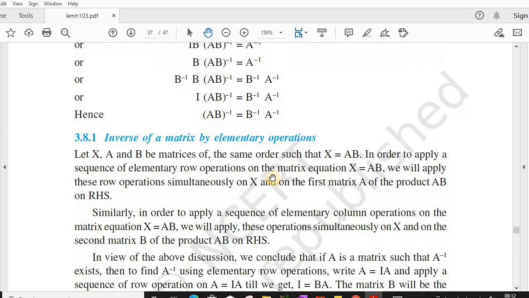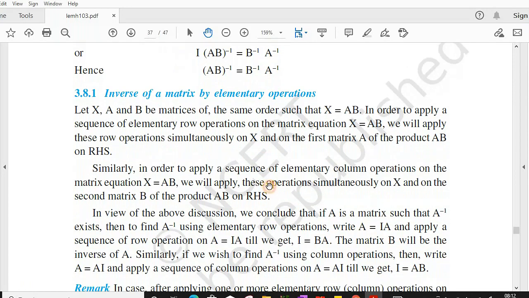Next topic is to find the inverse of a matrix by using elementary operations. So how to do it? Let X, A, B be matrices of the same order such that X equals BA.